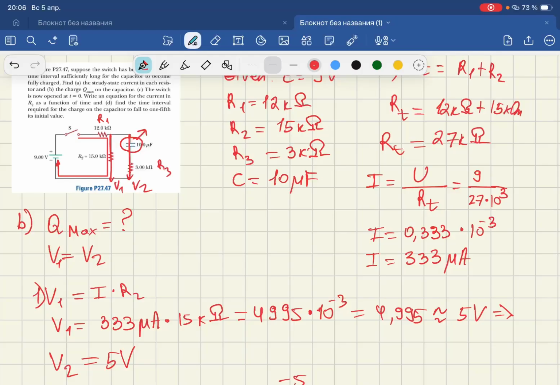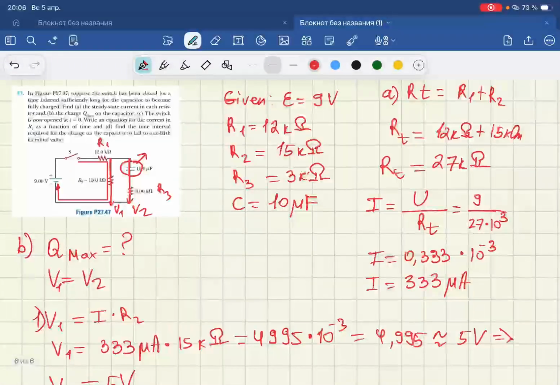Write an equation for the current in R2 as a function of time. We have to just write the equation for the current.